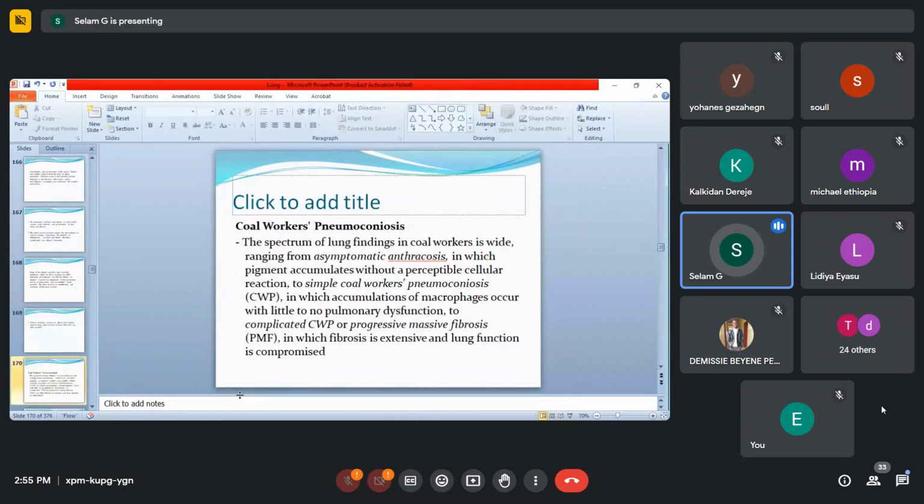So it could be asymptomatic anthracosis, just pigmentation. It could be simple coal workers' pneumoconiosis with minimal effect, or it could be complicated coal workers' pneumoconiosis with progressive massive fibrosis.